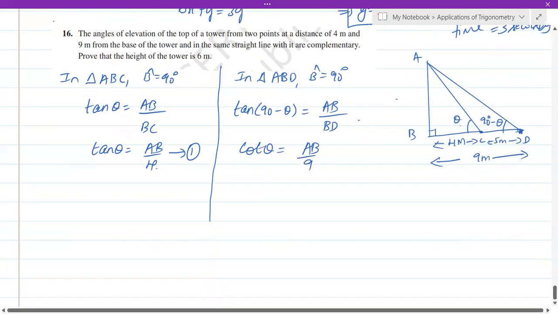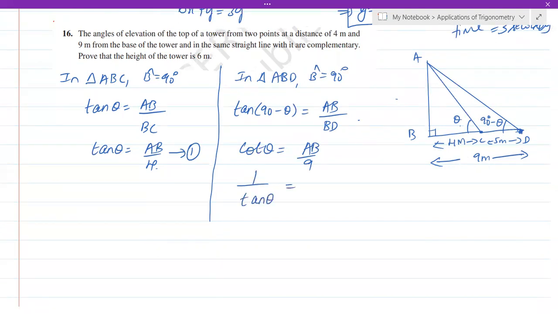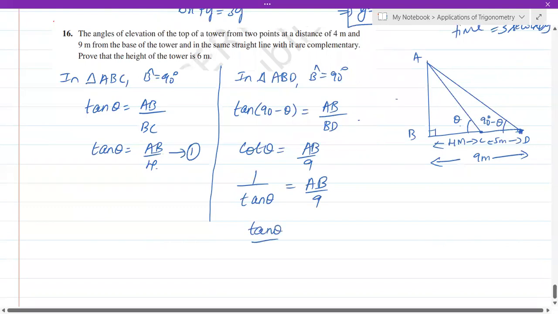Cot theta can also be written as 1 by tan theta, from the reciprocal relation. So that will be equal to AB by 9. Taking the reciprocal on both sides, tan theta by 1 is equal to 9 by AB. The 1 in the denominator we can simply exclude. Let's take this as equation 2.